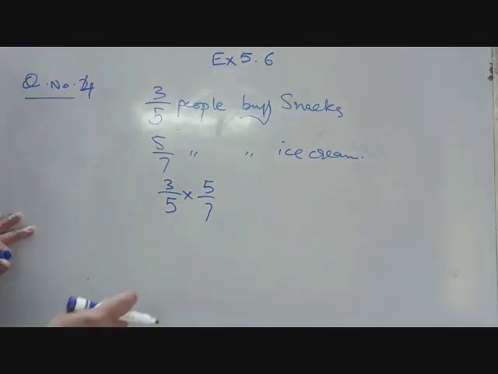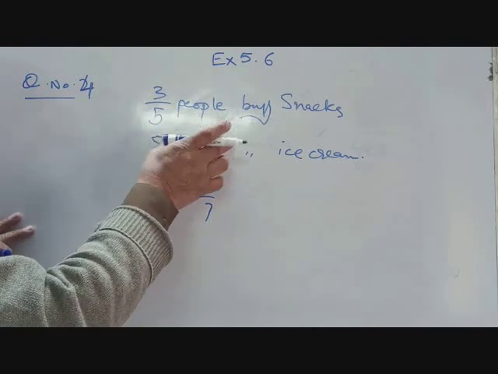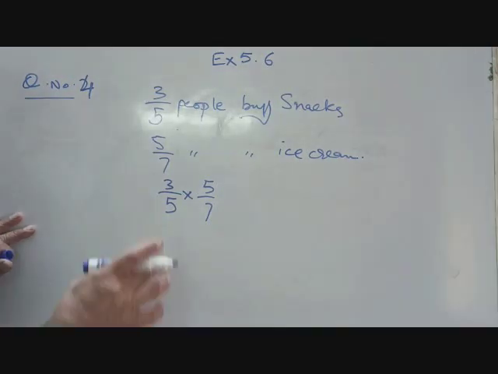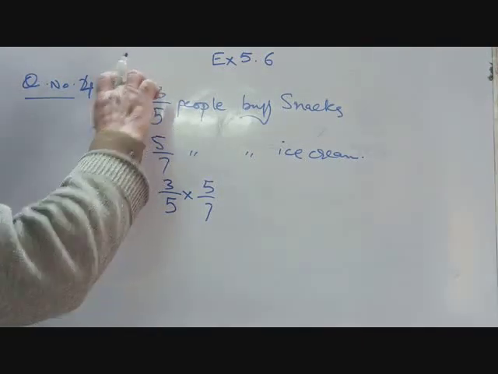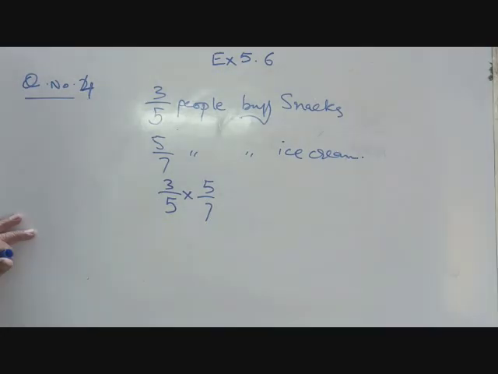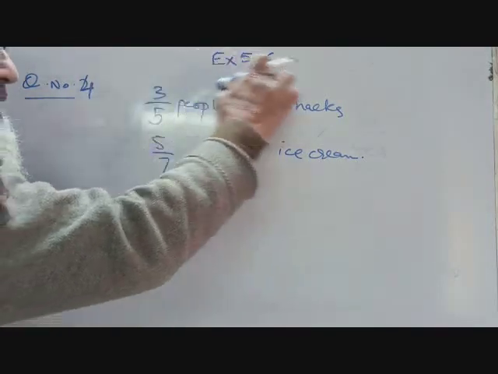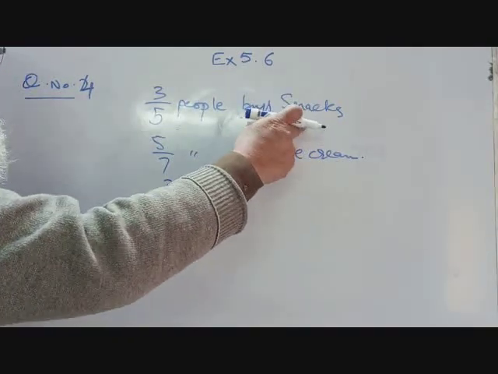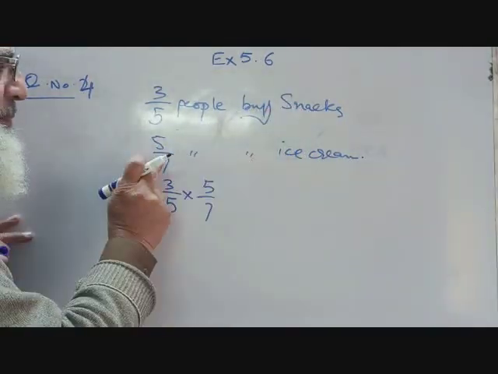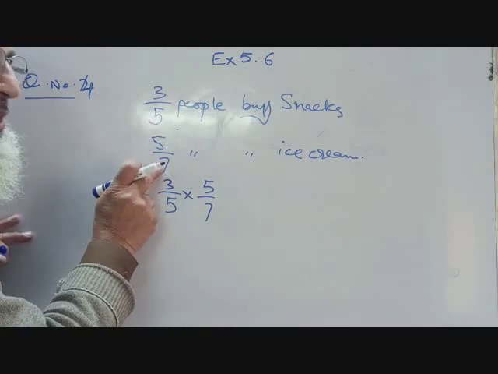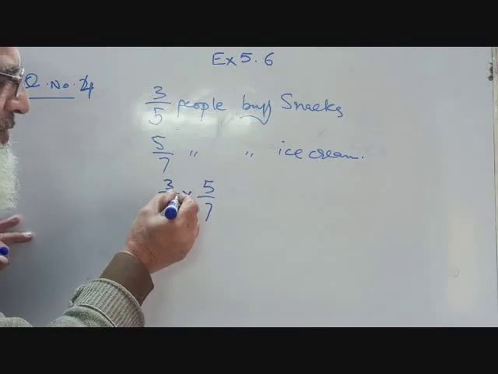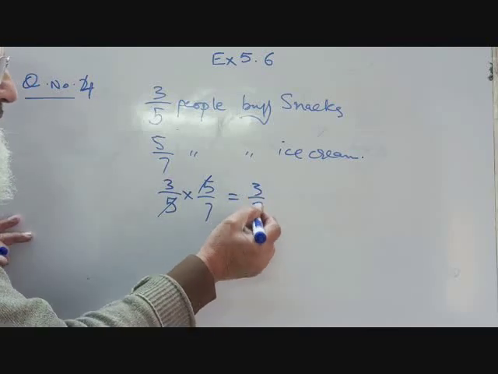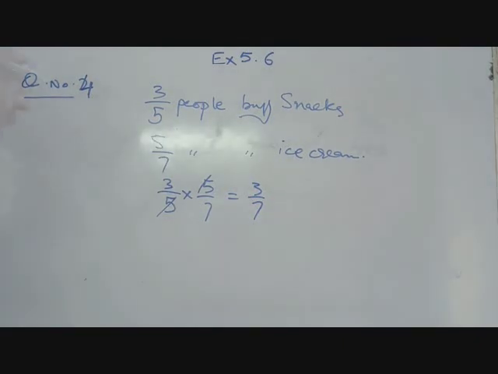This is our total number of people, because we are working with these people only, not with the people in the hall. Some bought snacks and some bought ice cream, and the people who bought ice cream are in this fraction, so we multiply each other. We cross 5 by 5, and it becomes 3 by 7. This is the fraction which bought the ice cream.